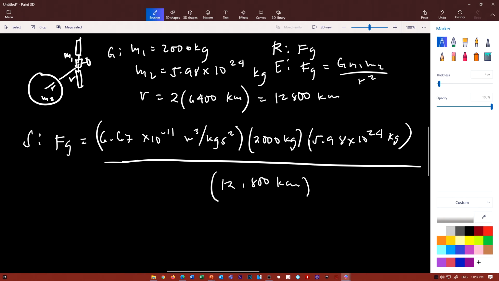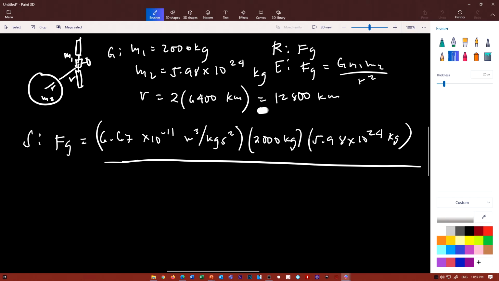Okay, so before we do that, let's convert this first. So this will become what? Just write it here, 12,800, then add another 3 zeros, so that's our kilo, right, in meters. Wait, let's just back up a bit there.